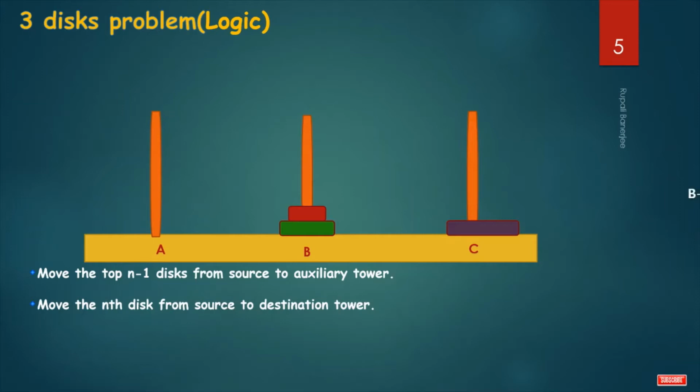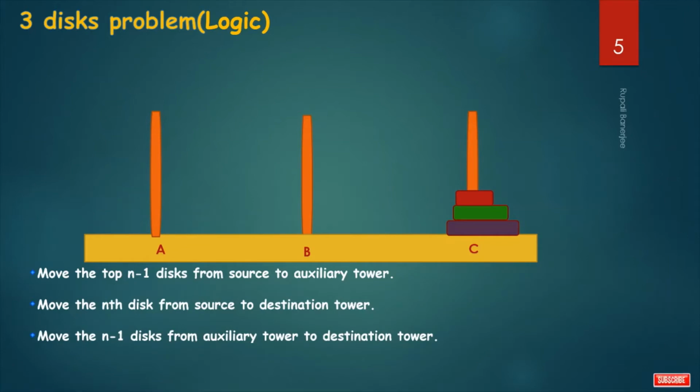Next, move the top disc from B to A. Move the next disc from B to C. Next, move from A to C. So the logic is: move the n-1 discs from the auxiliary tower to the destination tower.